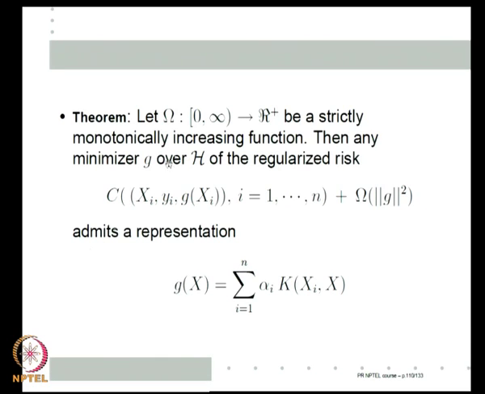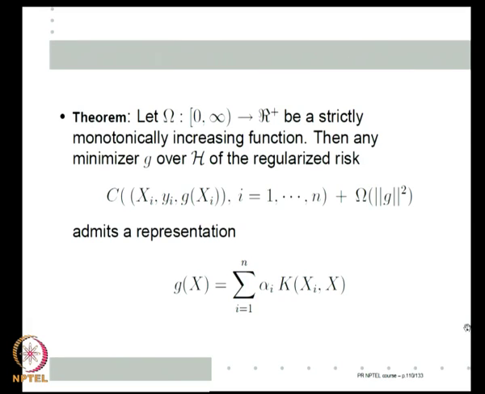So, this is the theorem. Let omega be any strictly monotonically increasing function. Then, if g is any minimizer, if I am searching over the RKHS and g is the minimizer of the regularized risk, where regularized risk is the empirical risk under any arbitrary loss function, plus the regularization term omega, which is a function of the norm of g in H. So, essentially the regularization term should be some increasing function of the norm of g.